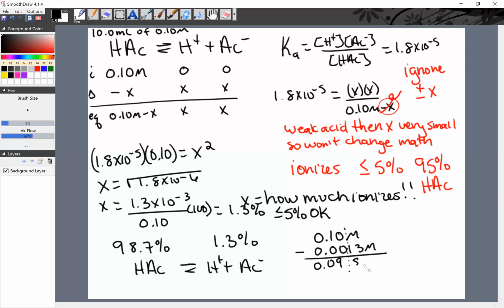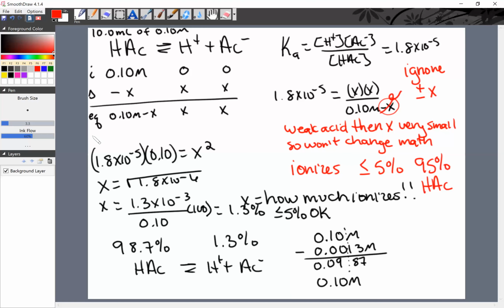And guess what? This would round up. So it is so small that it did not change that value at all. In another example, I'm going to show you that that will fail, and then you can choose between successive approximations and going back to the quadratic. But this one looks great. So I now have my value of x.